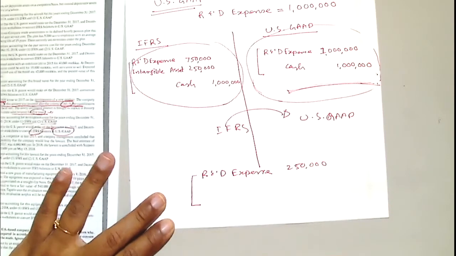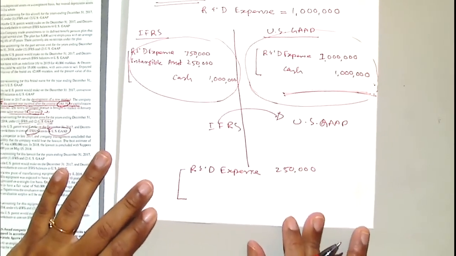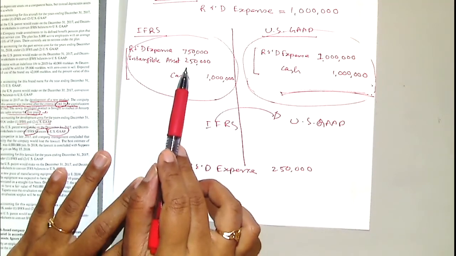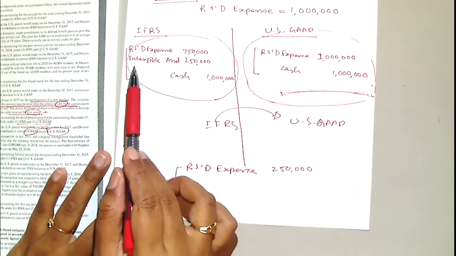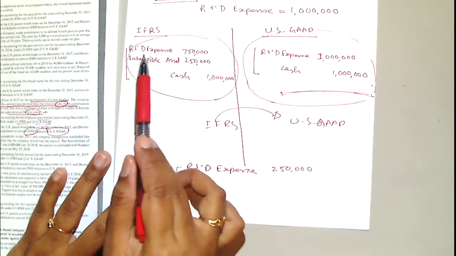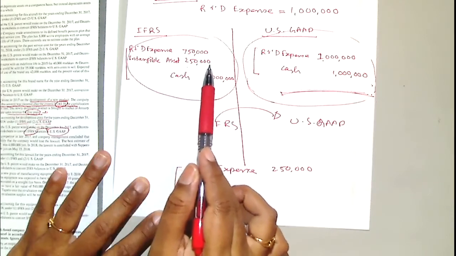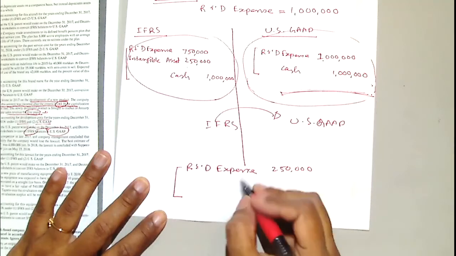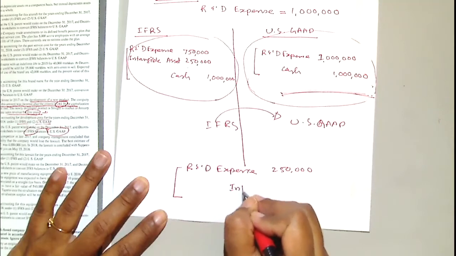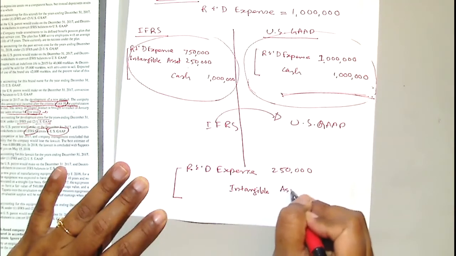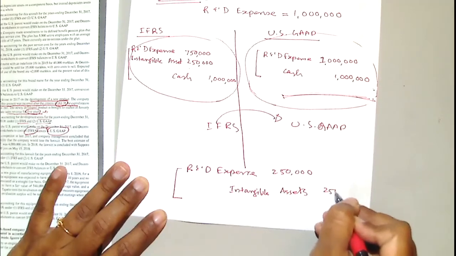And what else you need to do? Under IFRS, you created these intangible assets. But US GAAP will not allow you to record any part of it as an asset. So you need to get rid of this asset. You need to remove the asset. Asset balance is a debit balance, so you need to remove it. So we're going to credit this intangible asset.